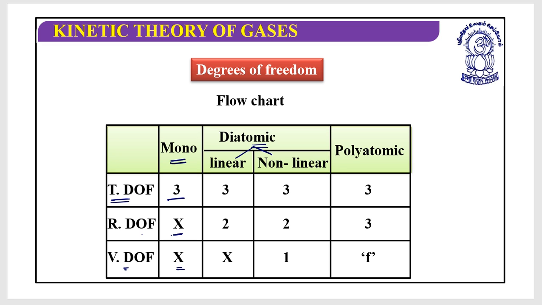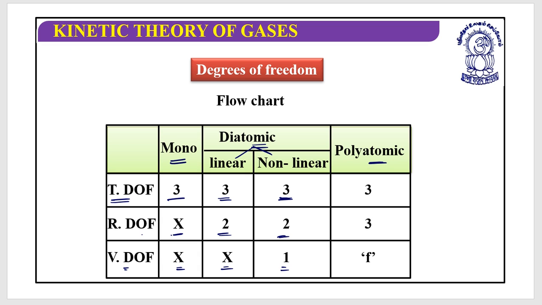In the linear case, translatory degree of freedom is 3, rotational degree of freedom 2, and vibrational it does not contain. While in the case of the non-linear, it has translatory degree of freedom 3, rotational degree of freedom 2, and vibrational degree of freedom 1, that means it has 1 by 2 kBT multiplied by 2, which is kBT.